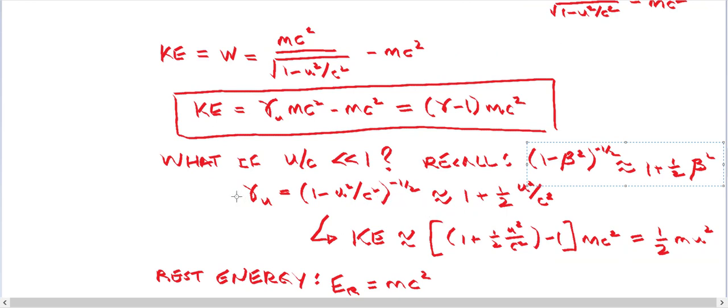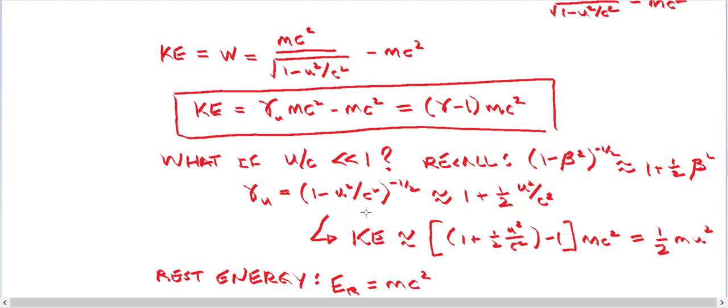And so gamma u, which is 1 minus u squared over c squared all raised to the minus half, should roughly be equal to 1 plus half u squared over c squared.